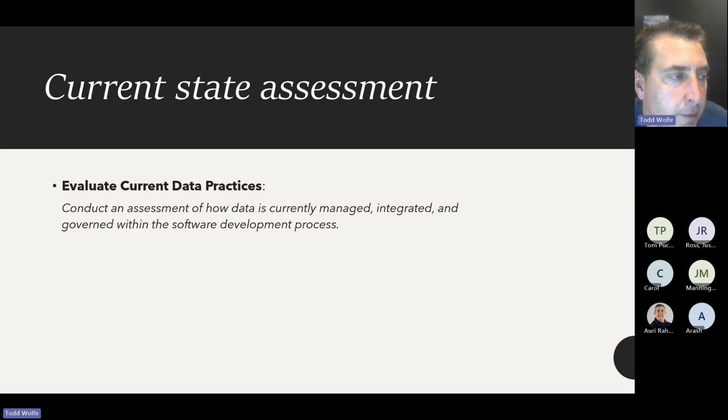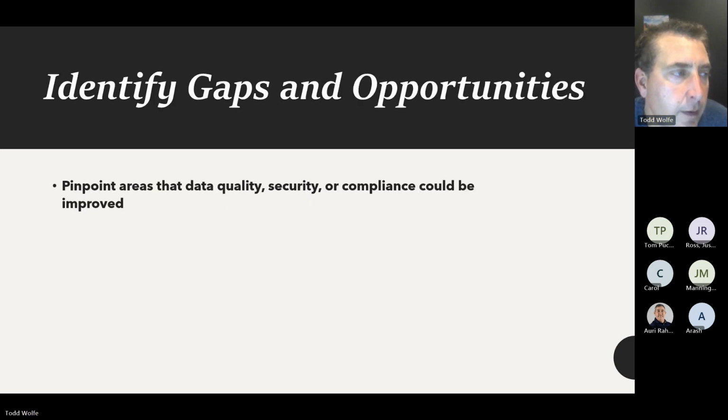Some projects may be better than others, or some situations better than others, and you can see where you need to do better. From that, you can do gap identification and look for opportunities, pinpointing those areas where quality, security, and compliance could be improved. Where is it being done well? Where is it not being done so well? Where is it possible to improve it overall?